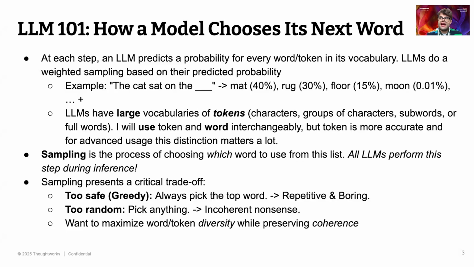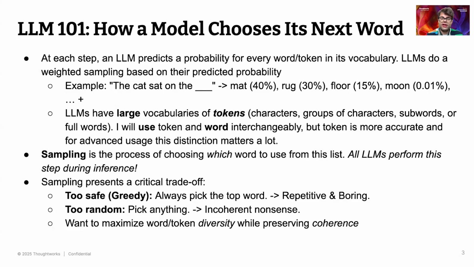For the phrase, the cat sat on, which is a phrase that we show in the slide, it creates a probability distribution like you see here. And here we just show mat, rug, floor, and moon. But this probability distribution is over every possible word or token, or more formally, in the model's vocabulary.